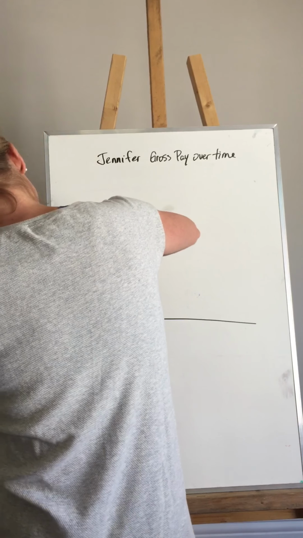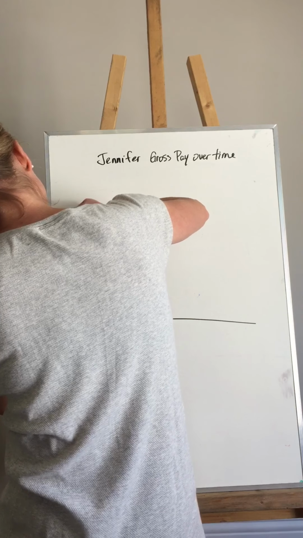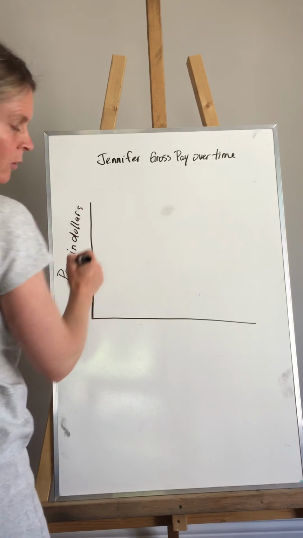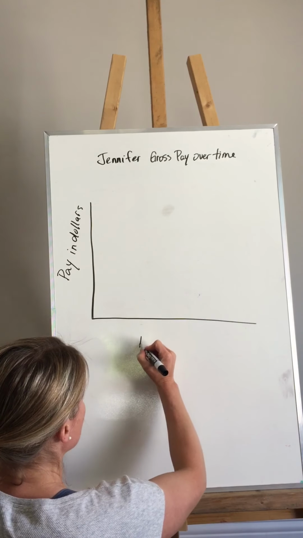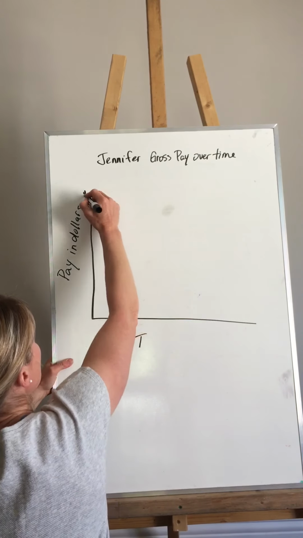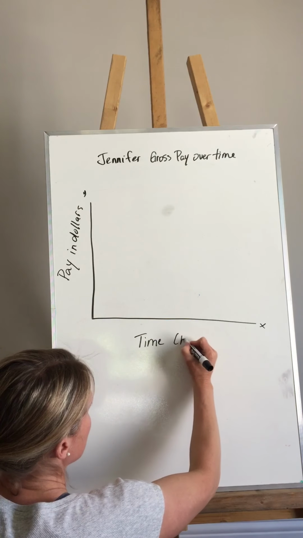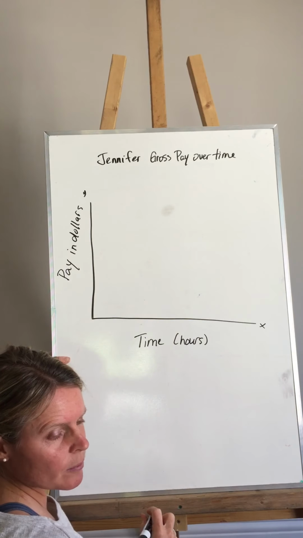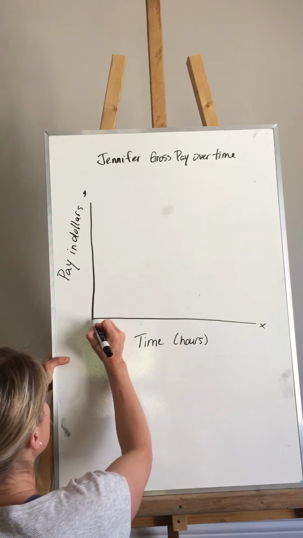Our graph is going to look something like this. On our y-axis is pay in dollars. That's our dependent axis. And along the independent axis, the x-axis, is time in hours. So how long she's worked and how much money she's getting. First I'll do our scale.